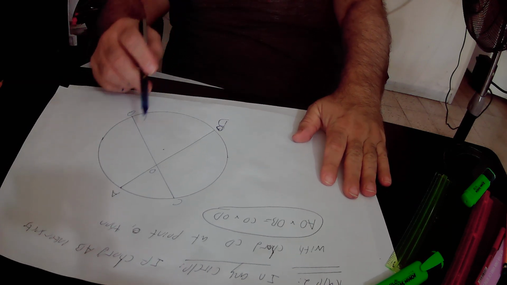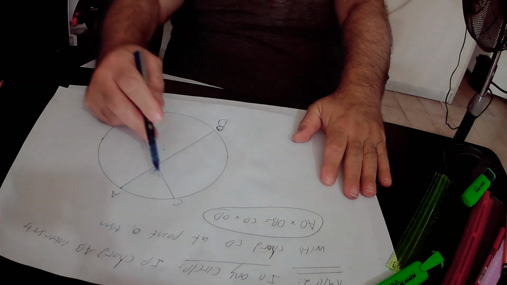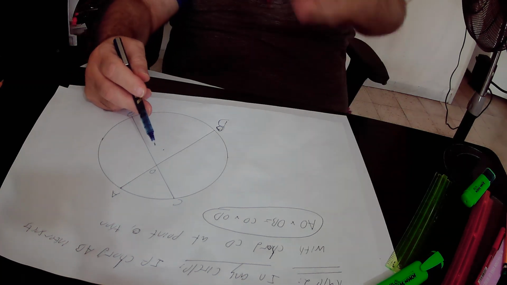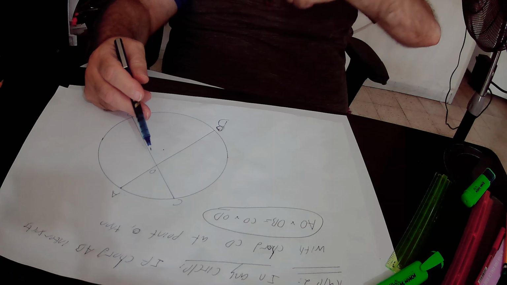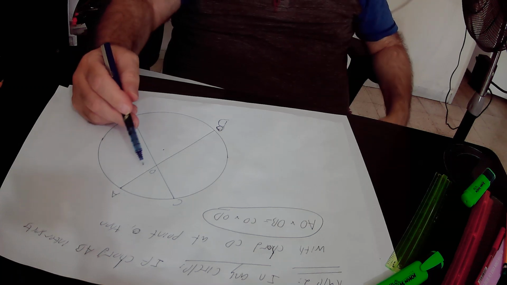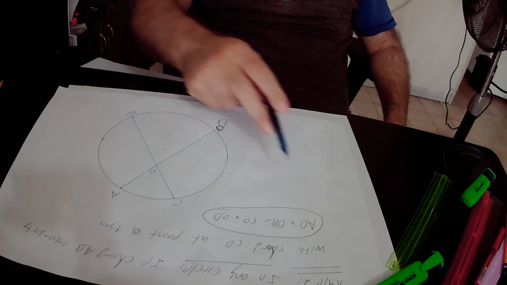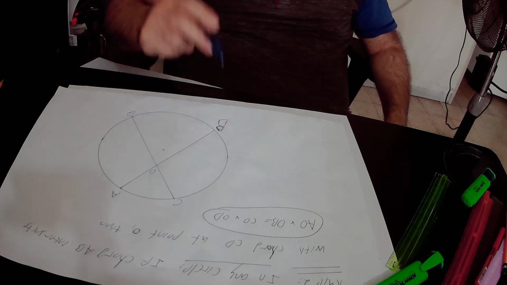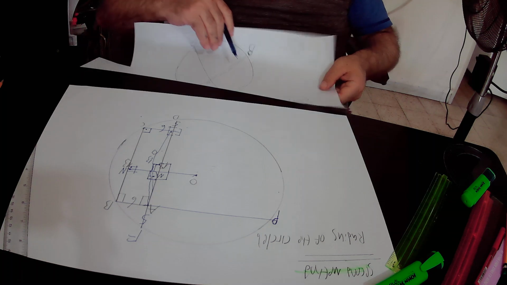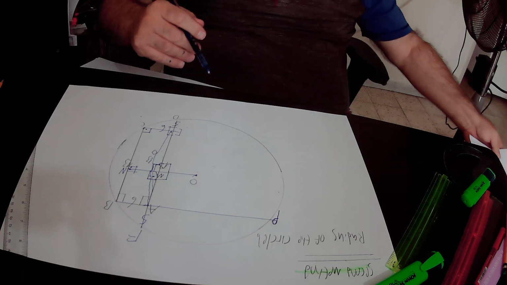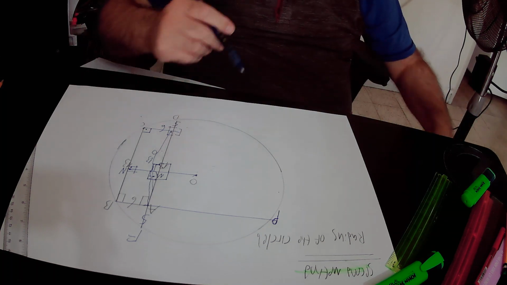If we have chord AB that intersects with chord CD at point O, the intersection point between the two chords, then AO times OB equals CO times OD. So we can implement rule number 2 in our drawing.